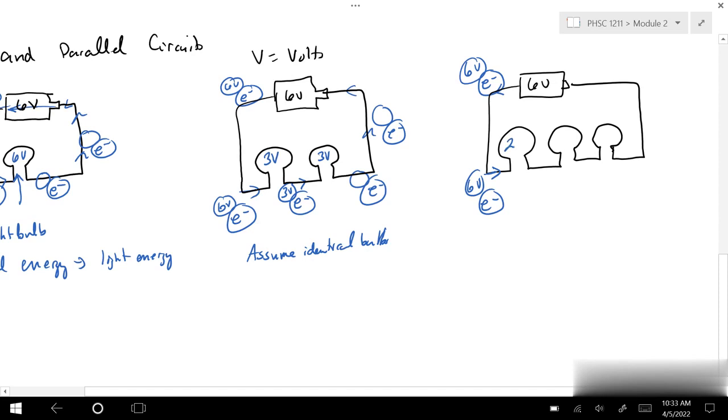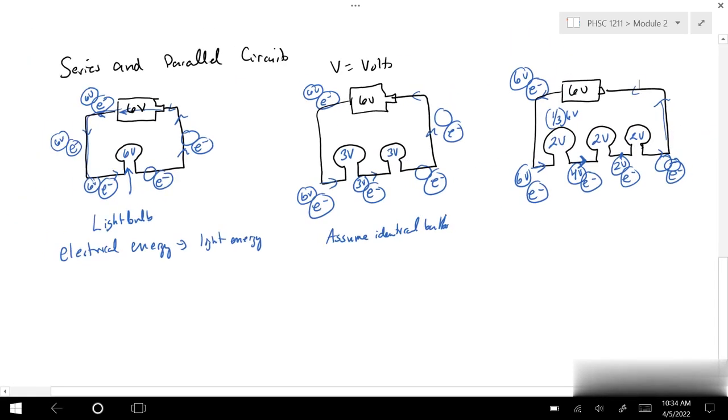So it's only going to release 1/3 of the 6 volts, or 2 volts. So it's going to release 2 volts here. And then when the electron is here, it has 4 volts remaining. And then it's going to dump another 2 volts here, another 2 volts here. So at this point, the electron has 2 volts. And then here, the electron's backpack is empty. And then it goes back to the battery to pick up more energy.